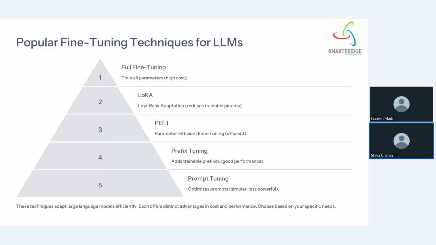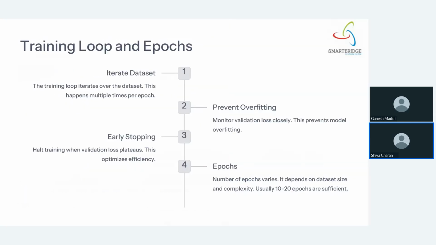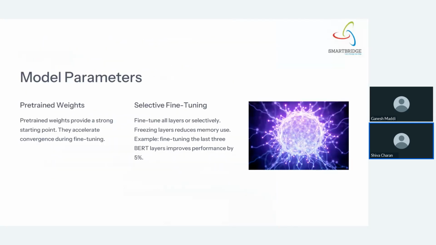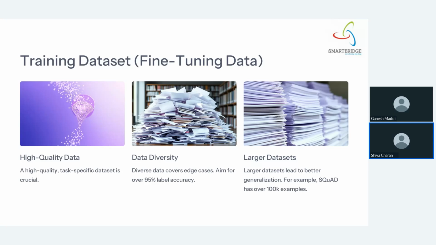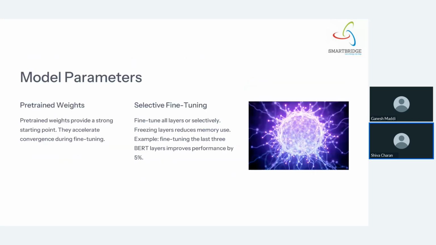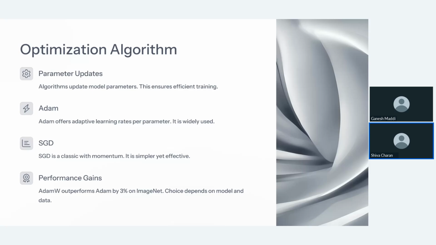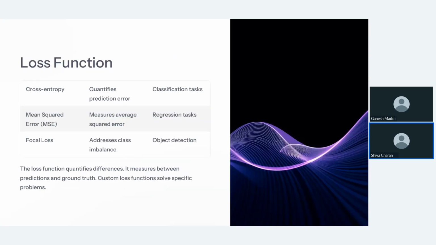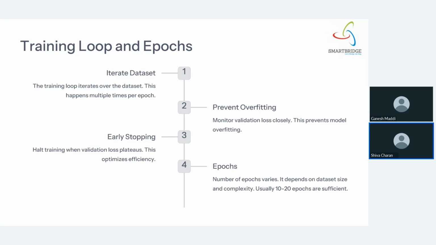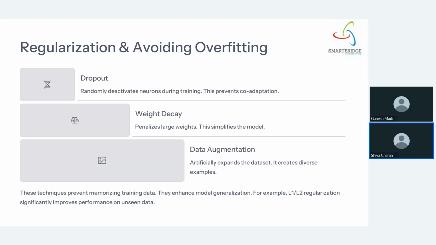That is the reason I'm not going into detail. Initially we discussed training data, model parameters, learning rate, optimization algorithm, loss function, training loop and epochs, batch size, regularization and avoiding overfitting.